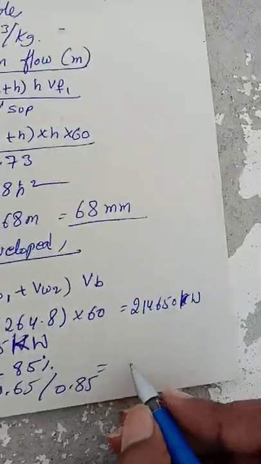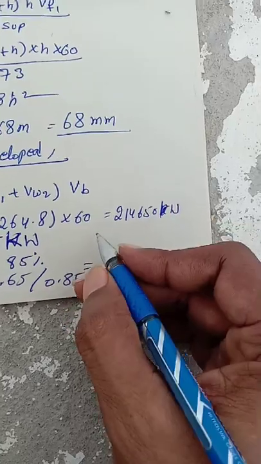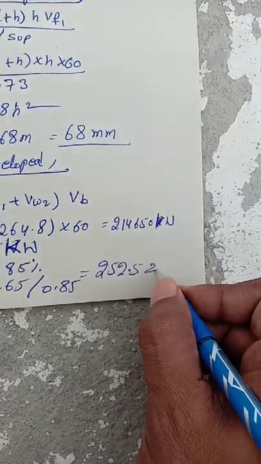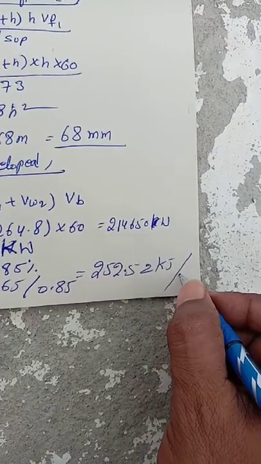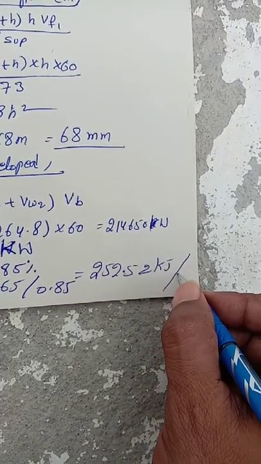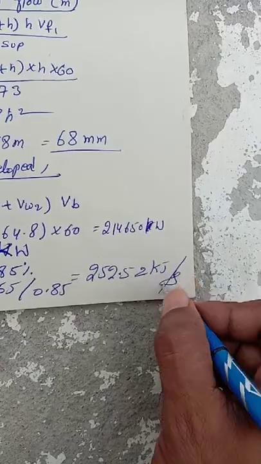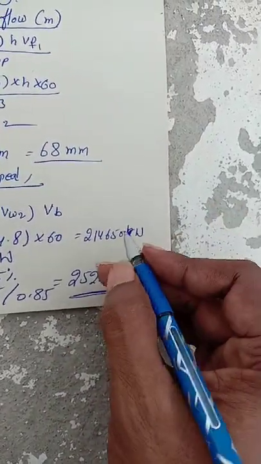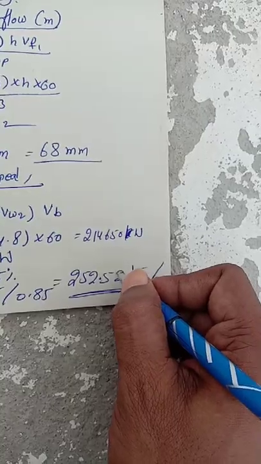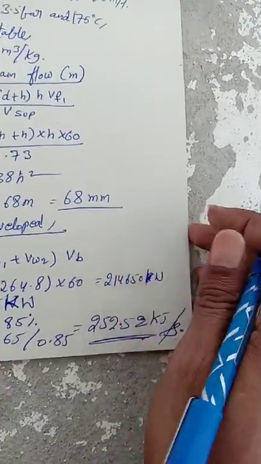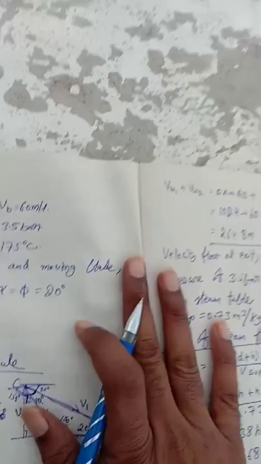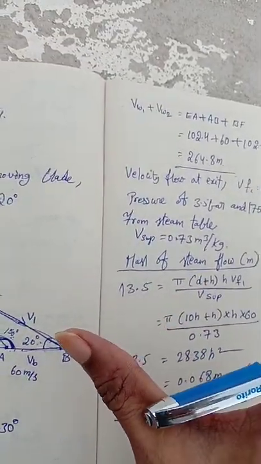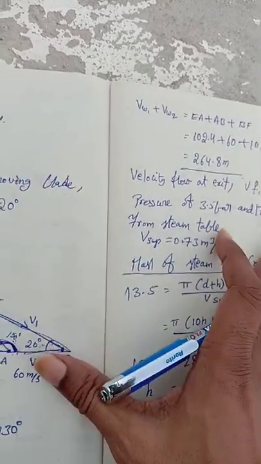So then this is equal to 252.52 kilojoules per seconds, I think, units. That is coming from heat drop. Okay, 252 kilojoules per second. Okay, so this is the procedure to solve the different types of problems in impulse turbine.